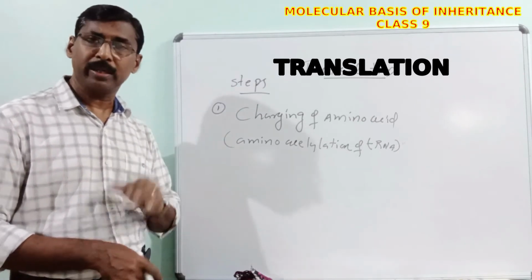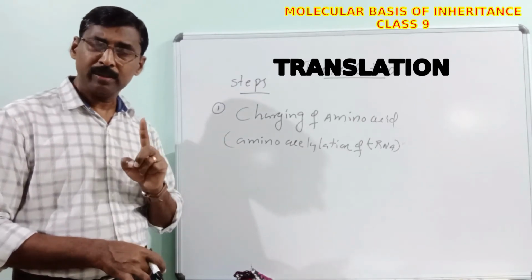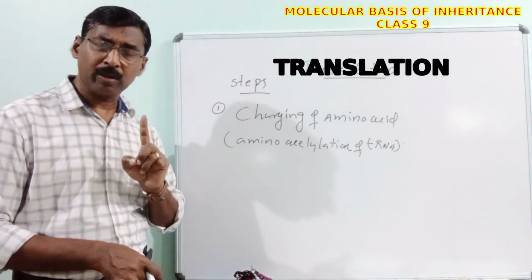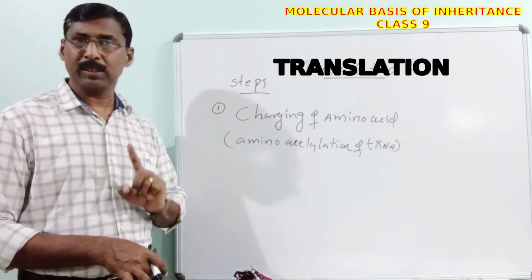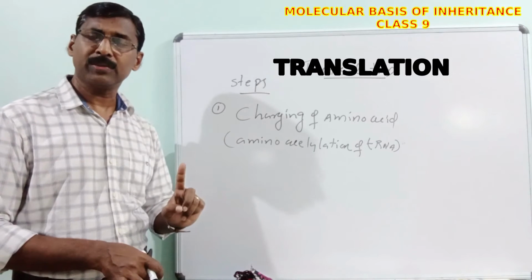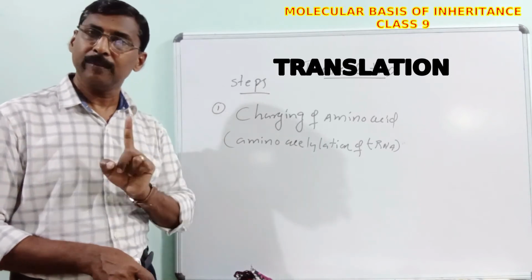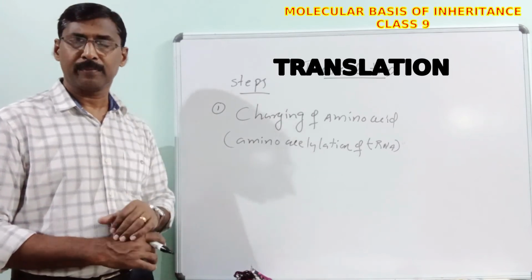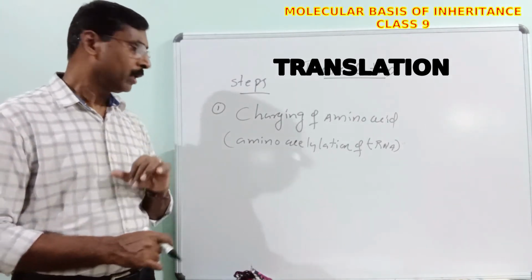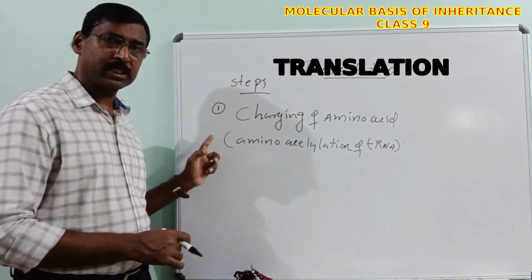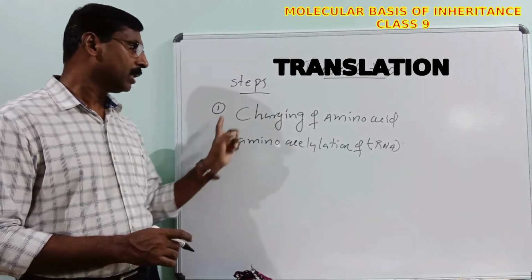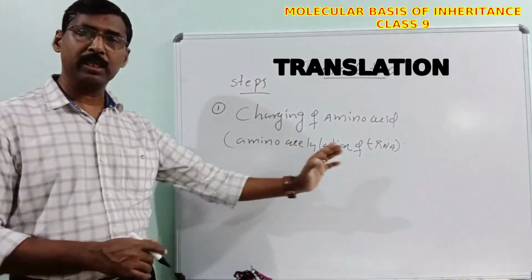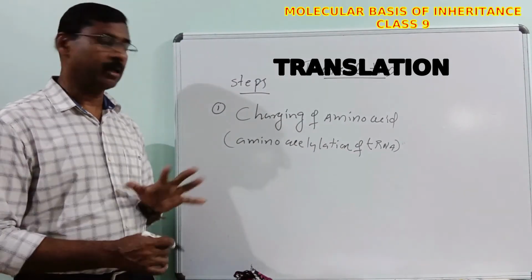Same as in the case of genetic code, one triplet codon codes for only one amino acid. In the same way, one transfer RNA carries only one amino acid specified to it. So that is the first step in the translation process: charging of amino acid, or amino acylation of transfer RNA.